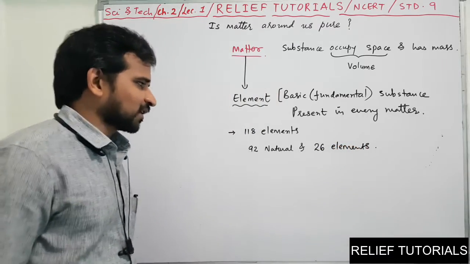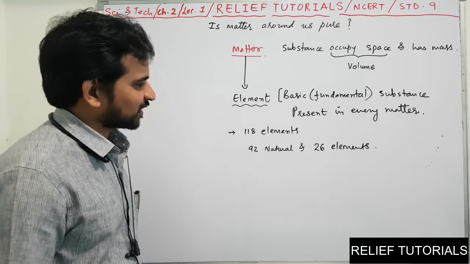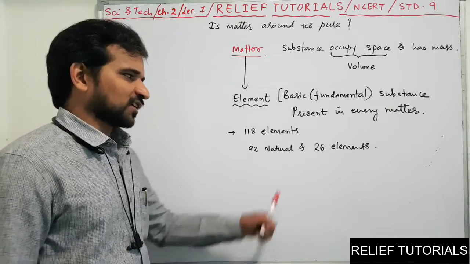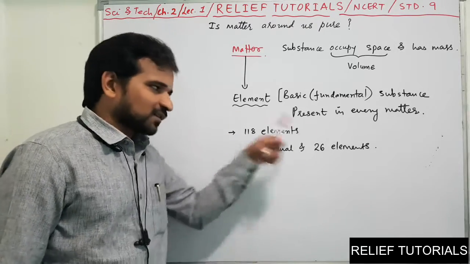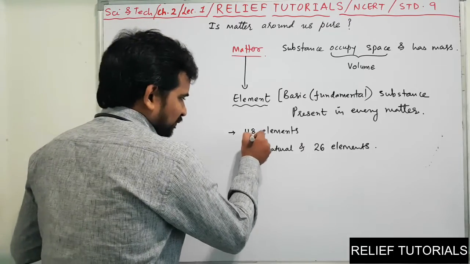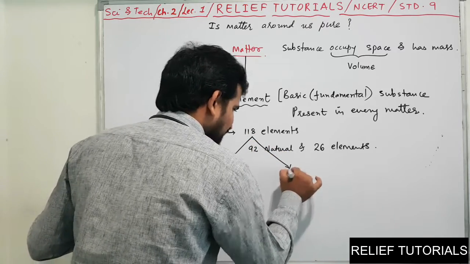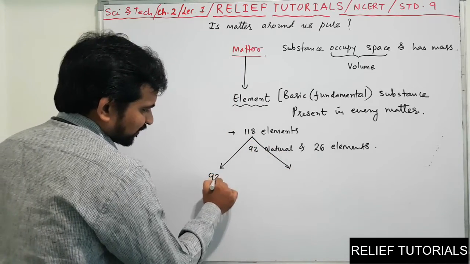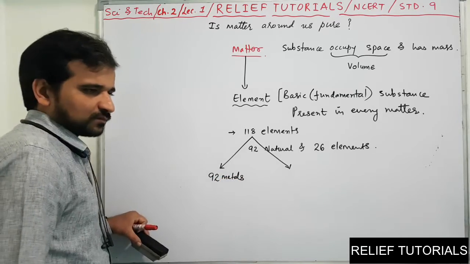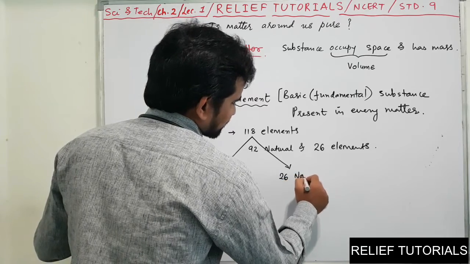So out of these 118 elements, 92 elements are natural and 26 elements are synthetic, man-made or artificial, which is actually formed from the natural elements. If you distribute one more type, out of these 118 elements, 92 elements are metals and remaining 26 are non-metals.